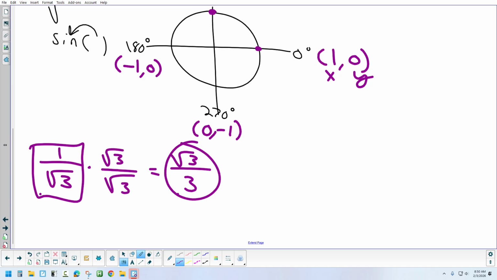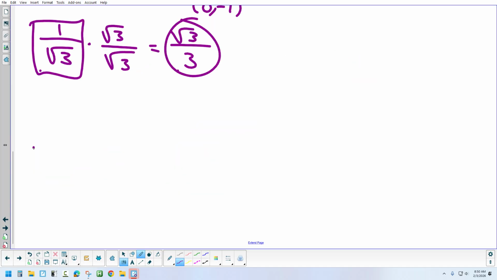The other thing that can happen with square roots is sometimes we need to reduce them. So let's say we had the square root of 12. There are different ways you can reduce it. I generally try to find 2 numbers that multiply to give me 12, and one of them has to be a number I can take a square root of nicely. So what 2 numbers multiply to give you 12, and you can take the square root of one of them? 4 and 3.